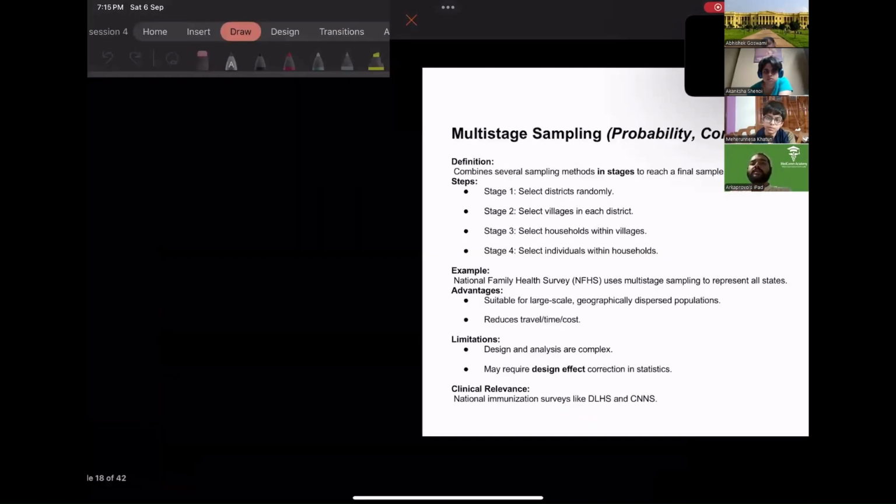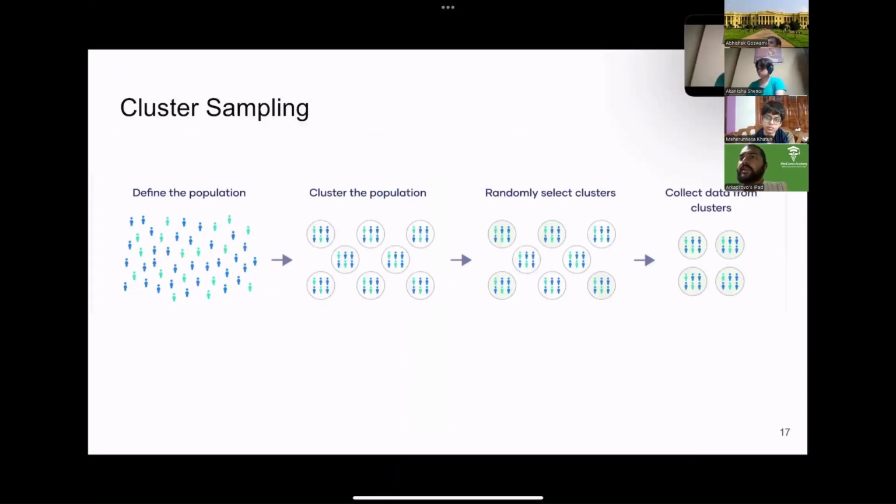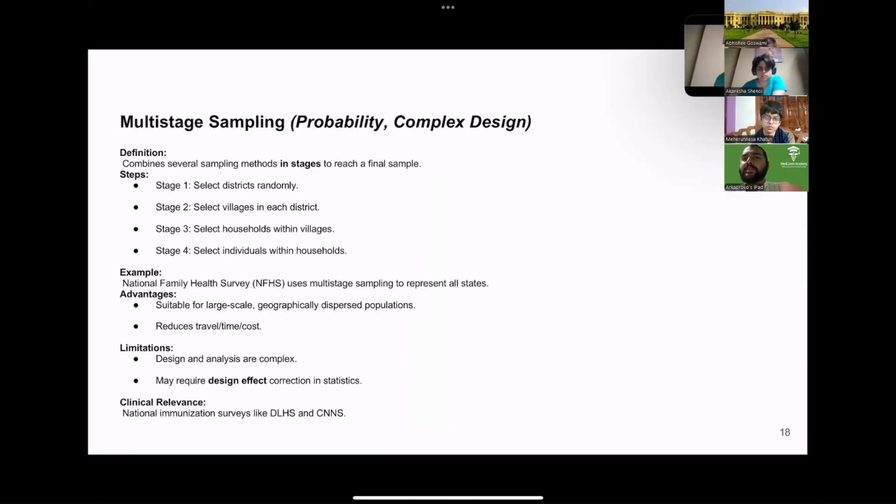So multi-stage sampling is, you select certain districts of India, right? If these are your district 1, district 2, district 3, from these districts you select individual villages.